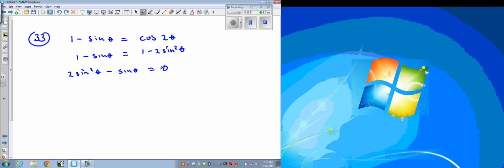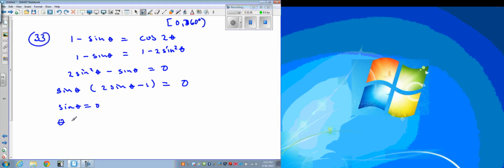Can I factor that thing? Yeah, sine theta, 2 sine theta minus 1. You have to factor out the sine. Now remember, we're dealing on this thing from 0 to 360. So sine theta equals 0.